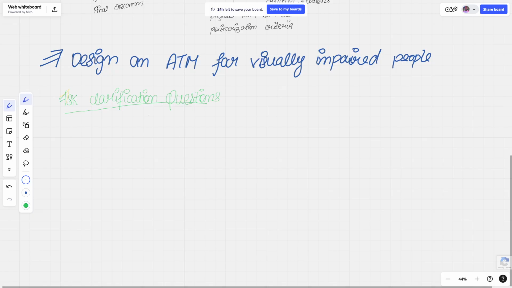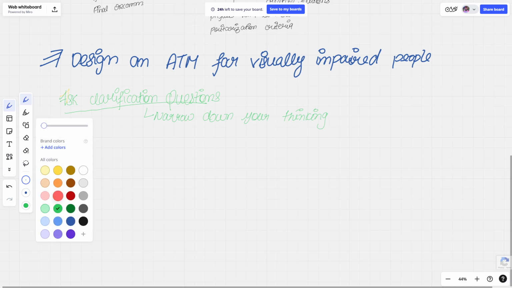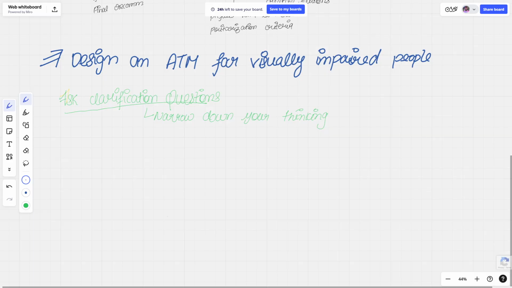This will help you to narrow down your approach, and eventually the case study will become easier for you. So you have to ask questions.